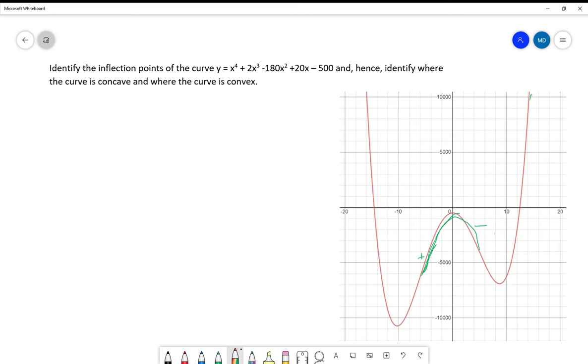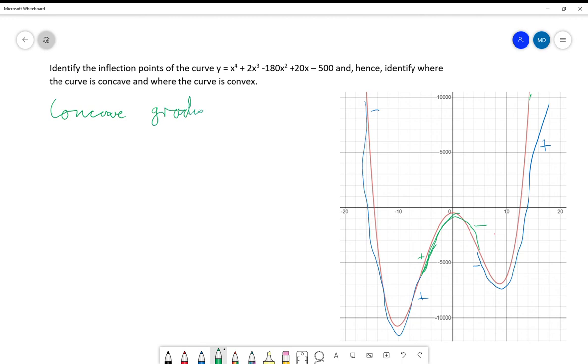Whereas on the convex part, the gradient starts very negative and becomes very positive. And on this side as well, starts negative, becomes positive. And this is basically the definition: on concave, the gradient is going from positive to negative.